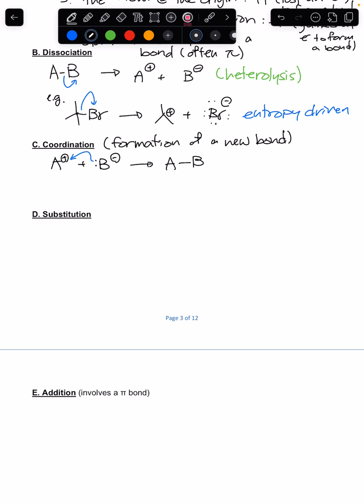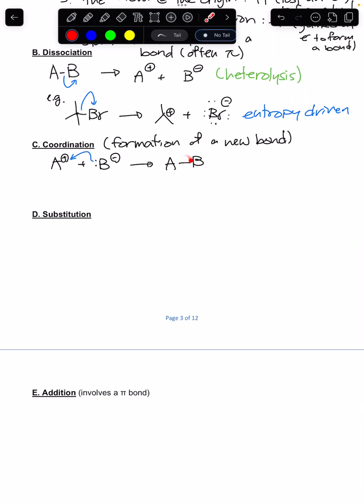So I want you to notice how this bond came from the lone pair of electrons. Okay, and this would be an example of coordination.